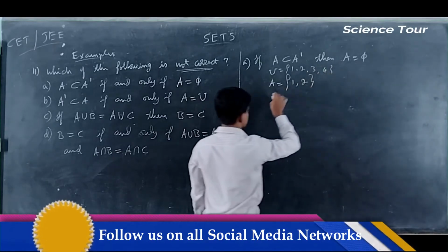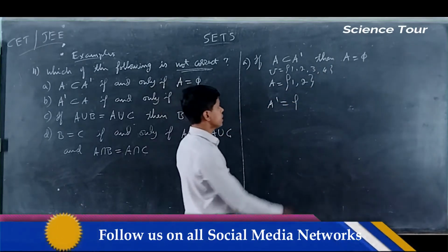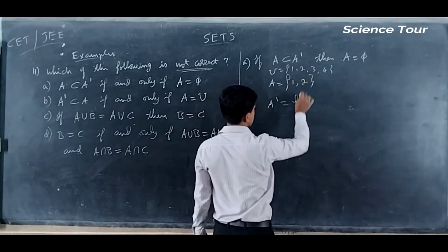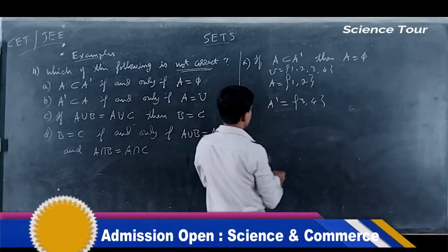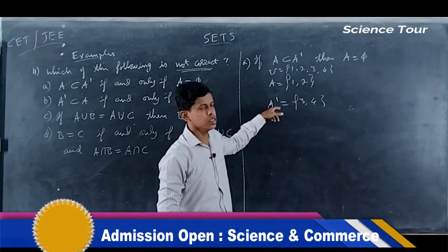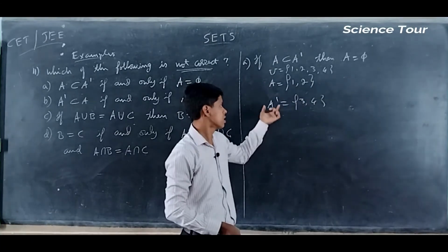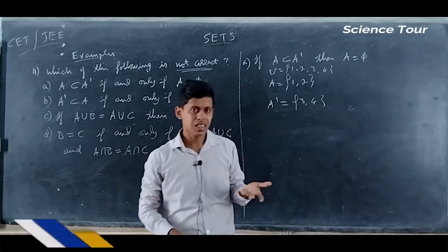Now what is your A dash? A dash is other than A, so {3, 4}. Now do you say A is a subset of A dash? No, A is not a subset of A dash because all the elements of A are not present in A dash. That's the meaning of A dash, complement of A, other than A.